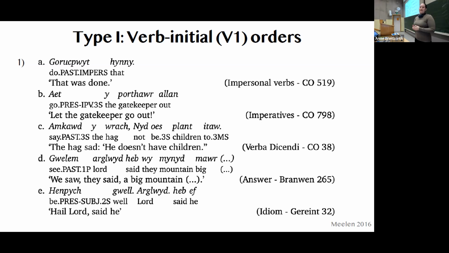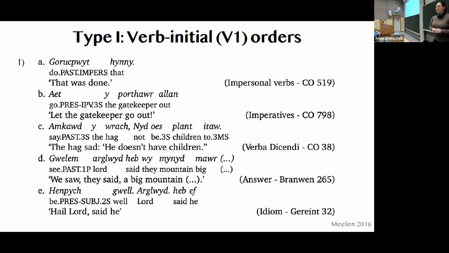So add a son, let the gatekeeper go out. And you have that in first person, second person, third person. Then you have verbs of saying, things like amkaudorach, which literally is said the head, etc. Also cross-linguistically, not all.